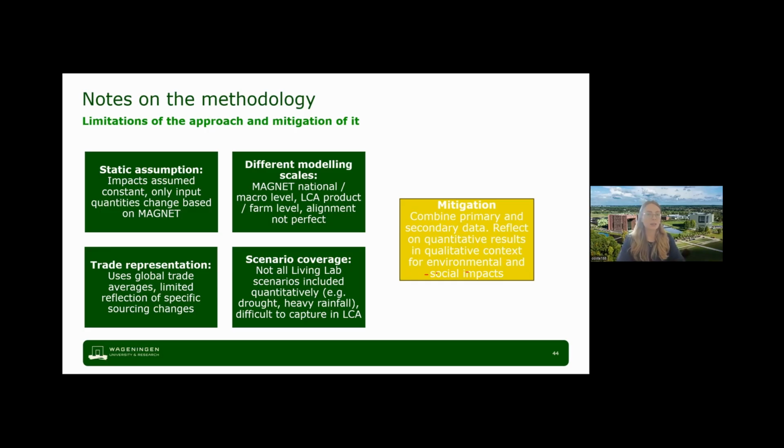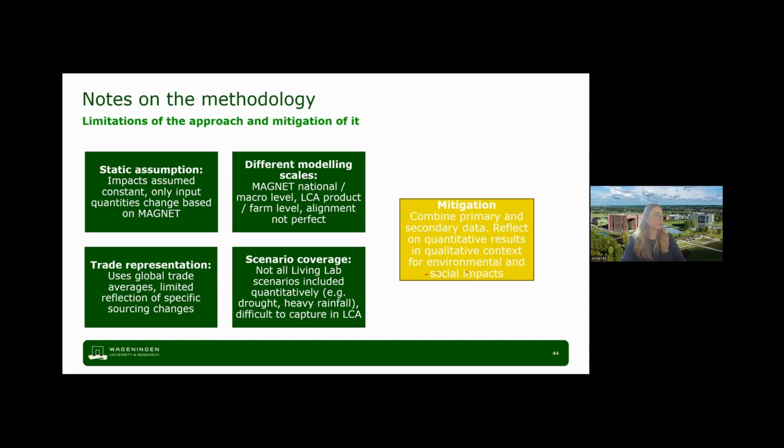But in this case, we couldn't really capture these trends quantitatively because we just assumed, based on the MAGNET outputs, that the inputs would increase or decrease based on the SSP scenarios. Therefore, if there's a certain risk from sourcing from a certain country, it would just become bigger if more is sourced from there. But in these scenarios, there might be other dynamics in SSP1, 2, and 3, which could not be included here. So in that sense, it's static.